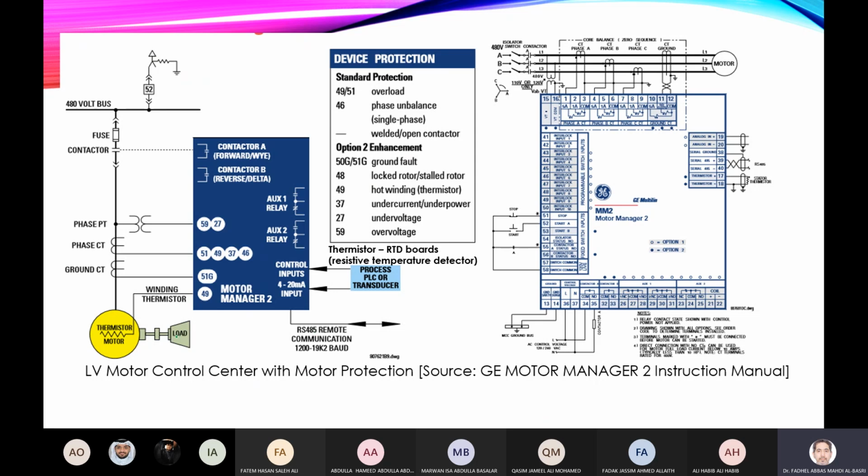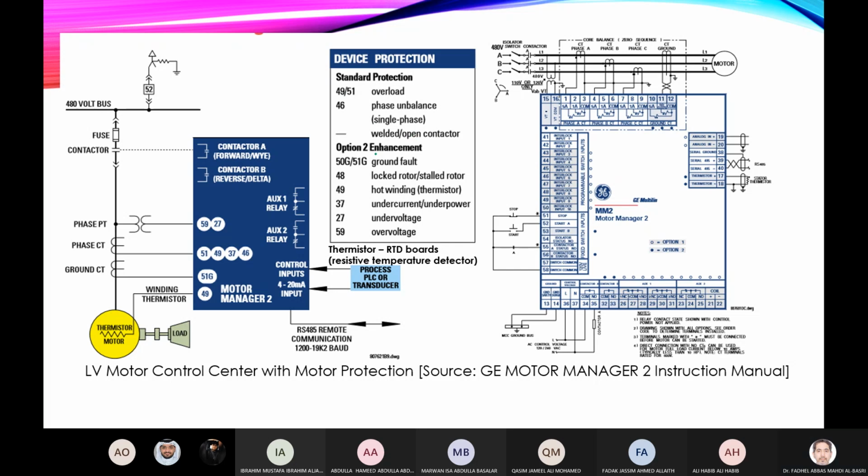Now, from this GE manufacturer for low voltage systems, the standard functions already built in those relays are the 49 and 51. 49 is for overload protection, the thermal overload protection, and 51 is time overcurrent. And 46 for phase imbalance, current imbalance, and loss of phase.